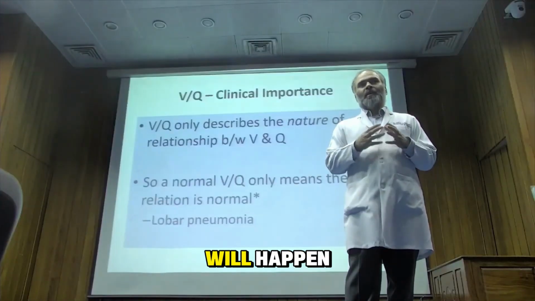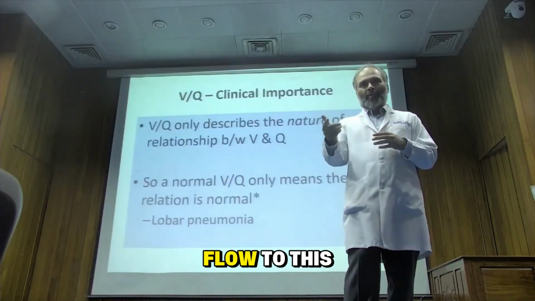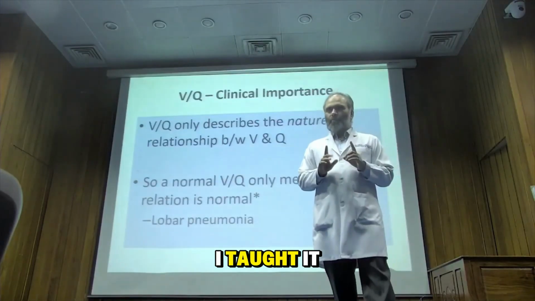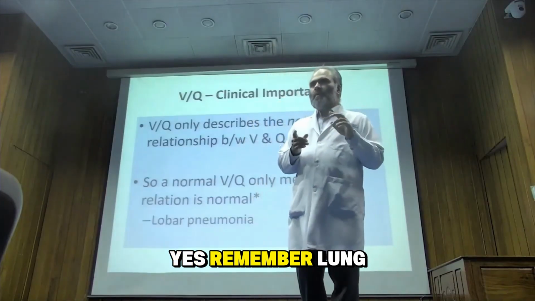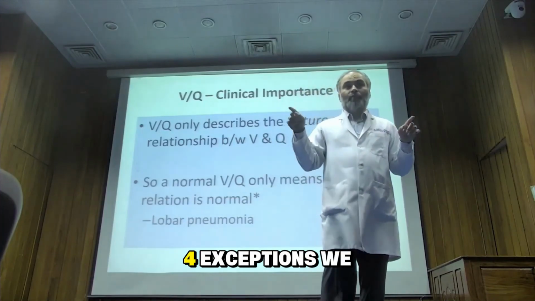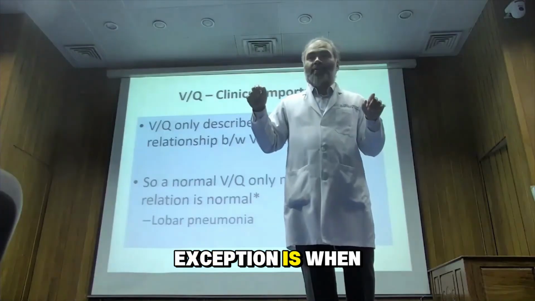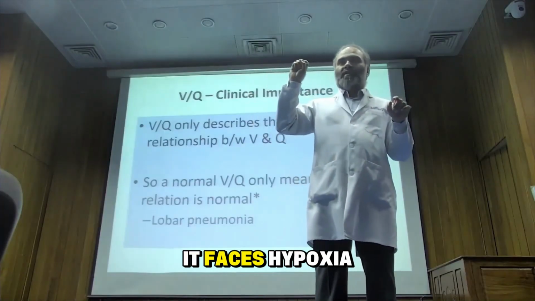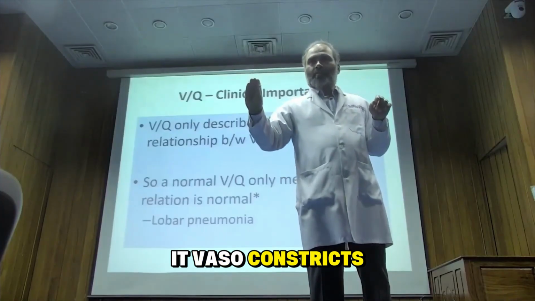However, something will happen in a day or two to the blood flow to this area. I taught it yesterday. Remember, the lung pulmonary vasculature has exceptions. It has 3-4 exceptions we spoke about yesterday. One very important exception is that when it faces hypoxia, it vasoconstricts.